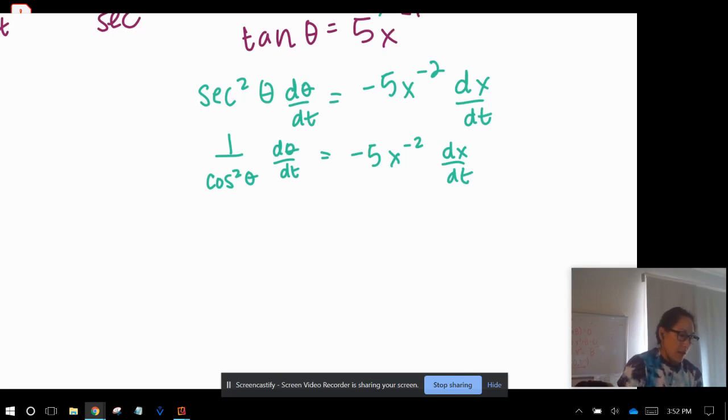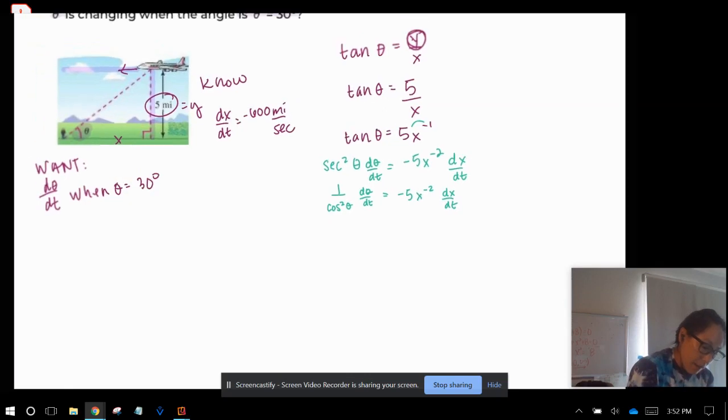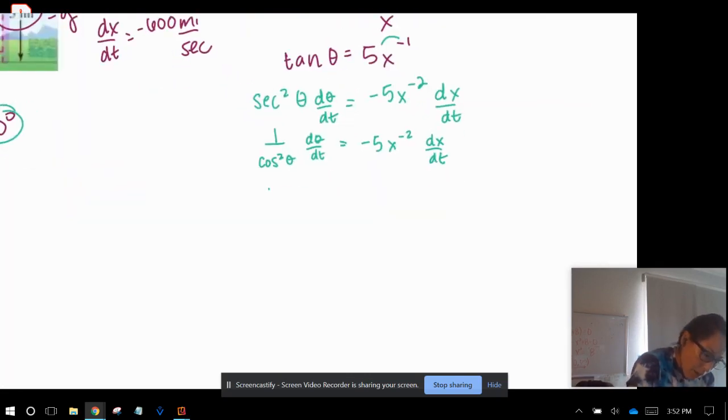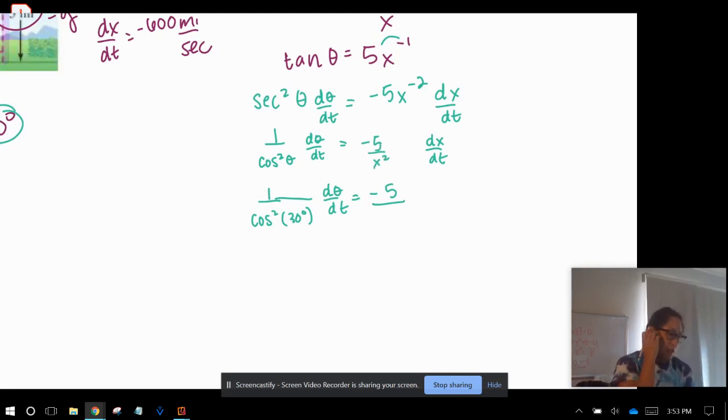Okay, here we go. I know that I want to evaluate when theta is equal to 30. So I have 1 over the cosine squared of 30 degrees times d theta dt is equal to negative 5 over, I'm going to actually write this fraction as 5 over x squared. That just seems easier. Okay.